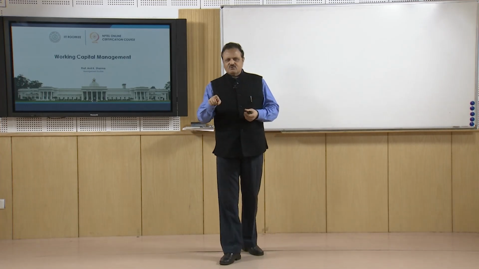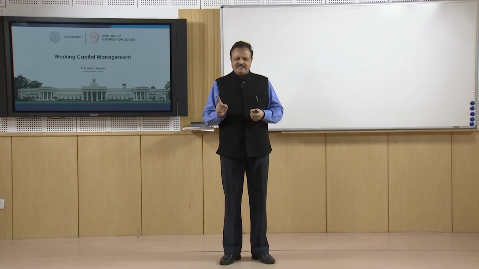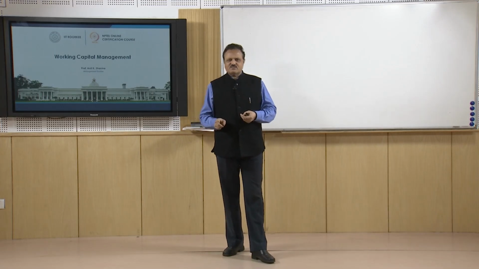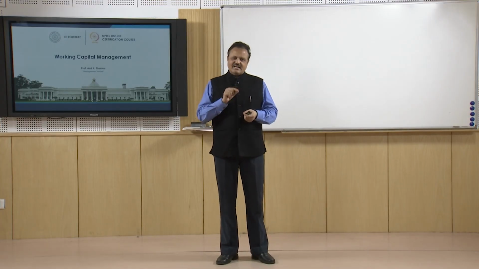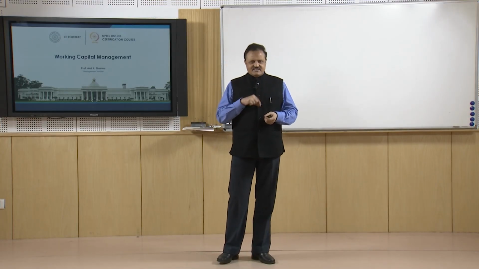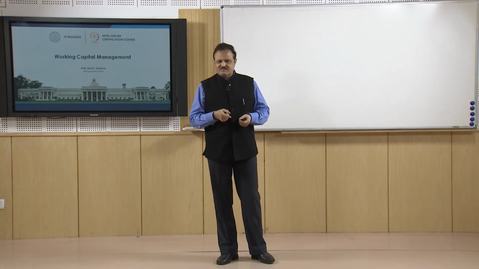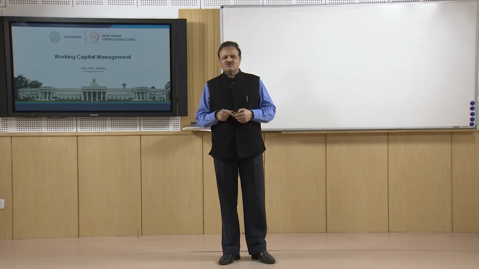So we make an investment in the form of cash, which is converted to raw material, to inventory, to work in process, to finished goods, to sales on cash as well as on credit. Cash means cash is with us, but the credit sales which are sundry debtors will be in the market for some period of time, and after that we will also collect that cash on account of the sundry debtors.